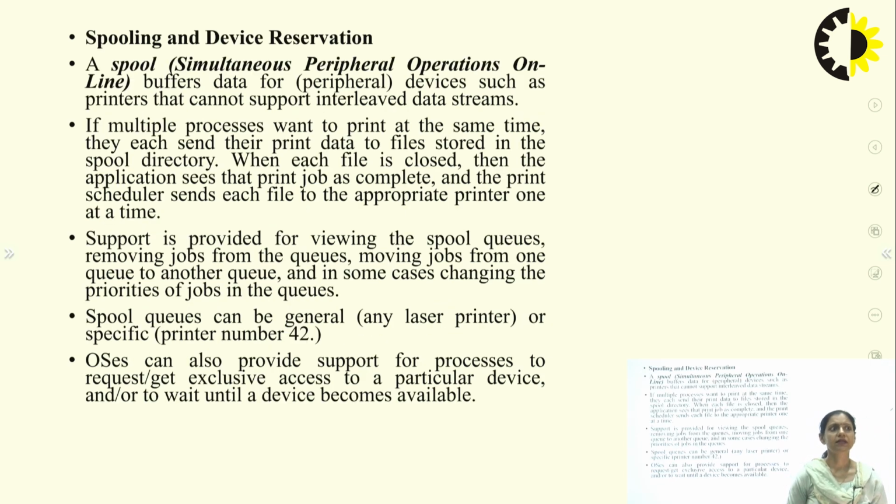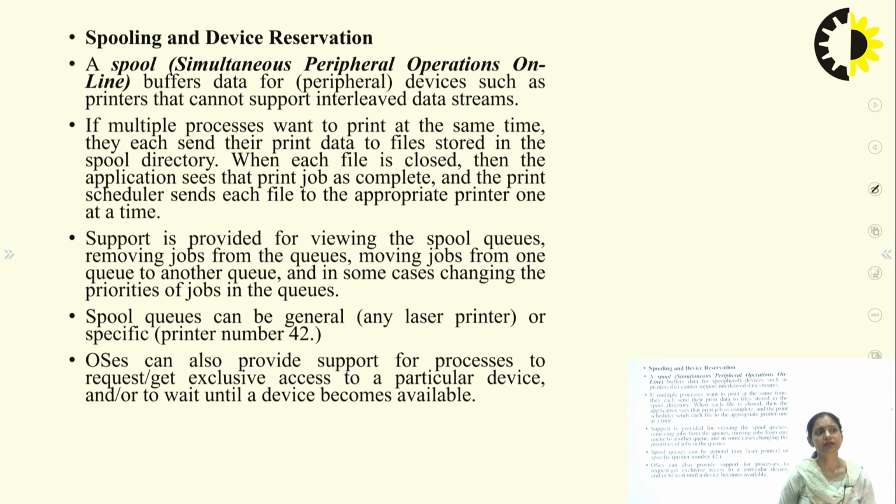The next concept is spooling and device reservation. Spool stands for simultaneous peripheral operations online. It buffers the data for peripheral devices such as printers that cannot support interleaved data streams. If multiple processes want to print at the same time, each of them will send its print data to files stored in the spool directory.